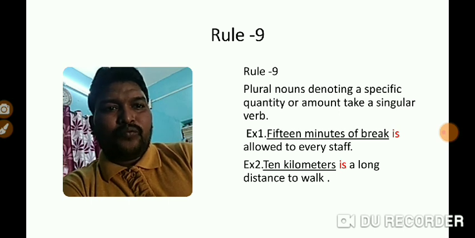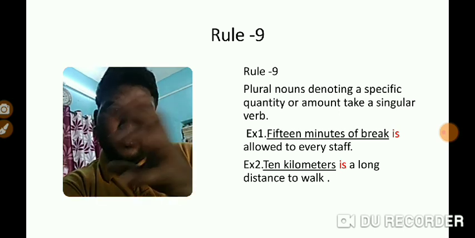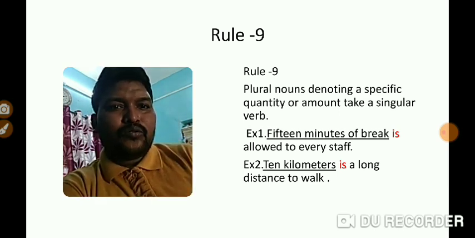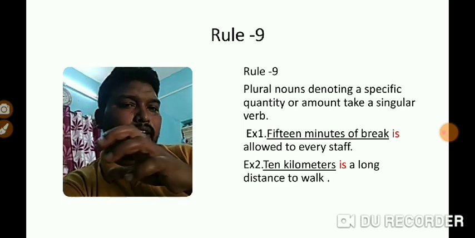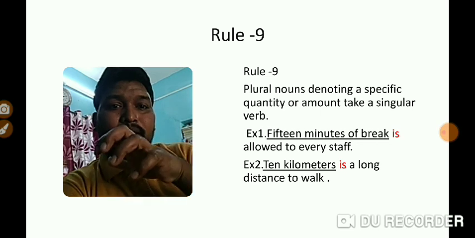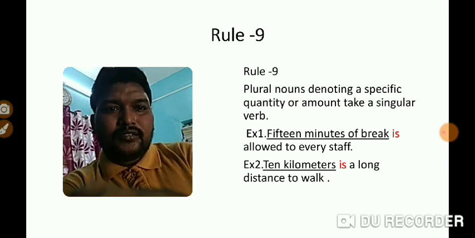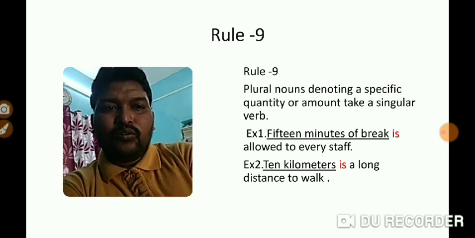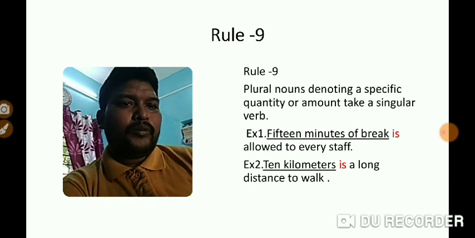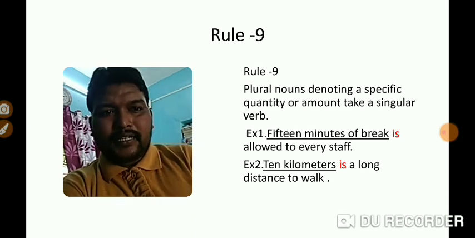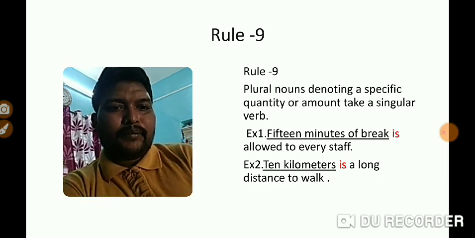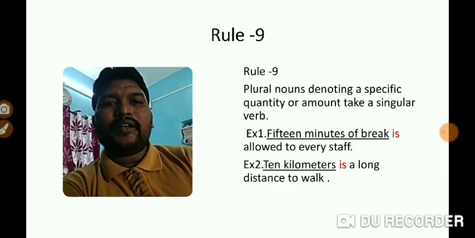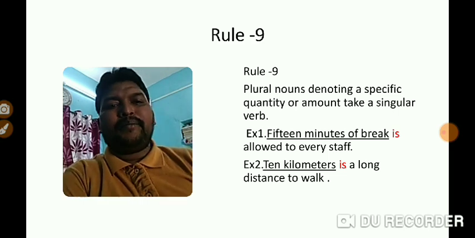So next time you find such examples where numerical values represent the quantity or amount of the subject, be sure that the subject is singular and the verb form would also be singular. I hope it's clear now. This is a very important one, and from the examination point of view, it appears in all examinations.